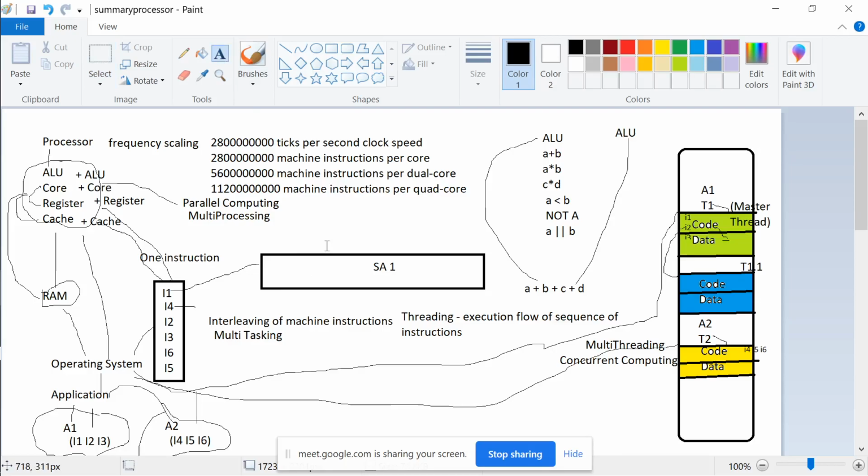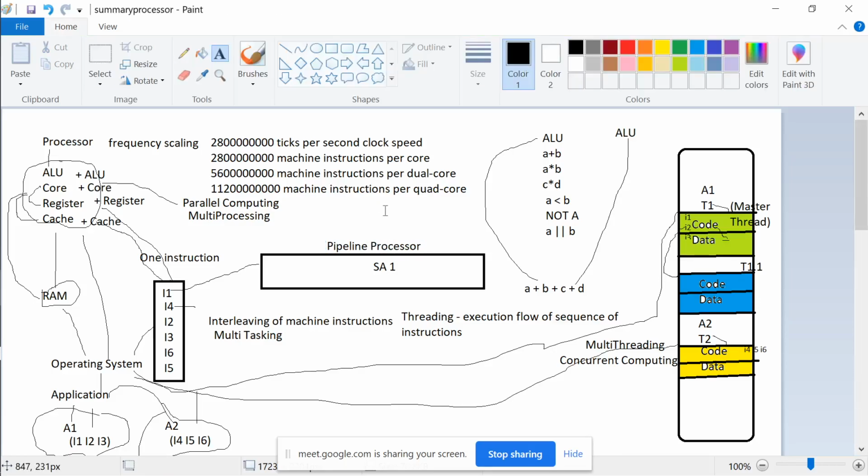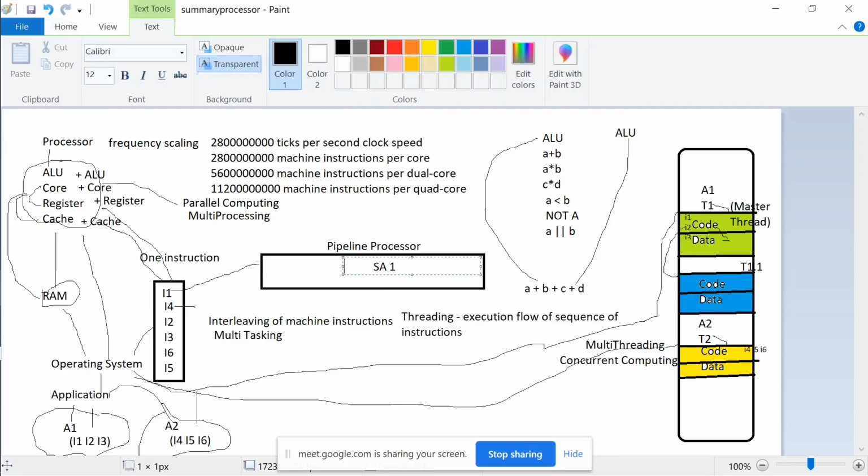If it is a pipeline processor, the hardware circuit, your fetch circuit, decode circuit, execute circuit, store circuit, and save circuit will be created in such a way that while instruction 1 is being saved, your instruction 4 is getting stored.